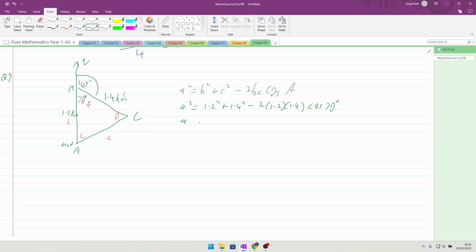So a is equal to the square root of, quickly put all that into the calculator, 1.2 squared plus 1.4 squared minus 2 times 1.2 times 1.4 times the cos of 70.